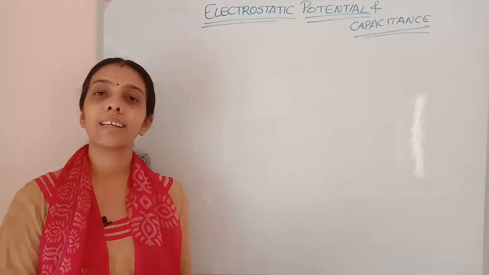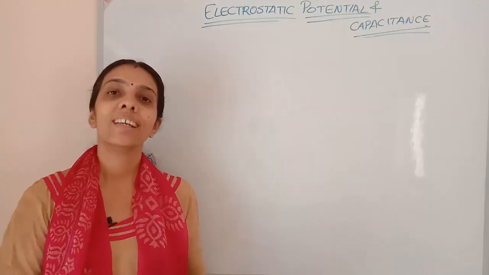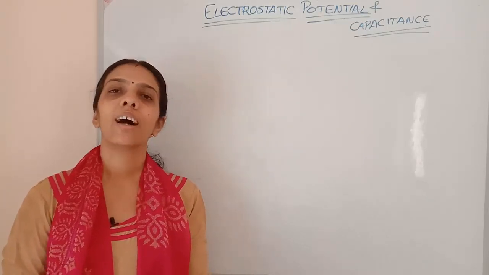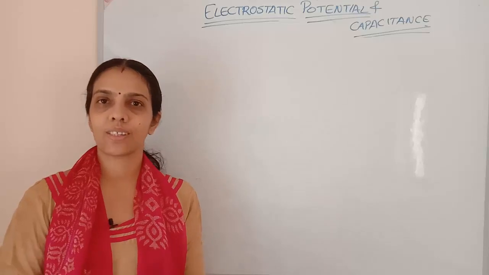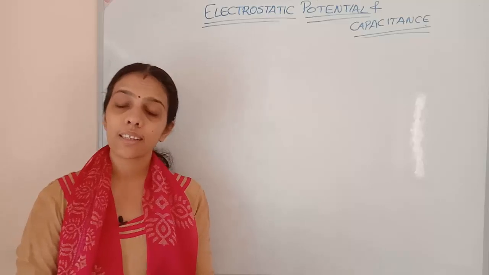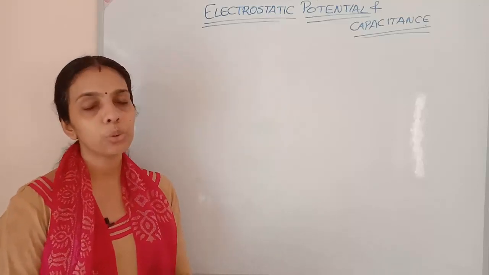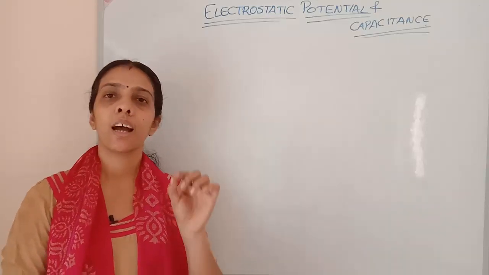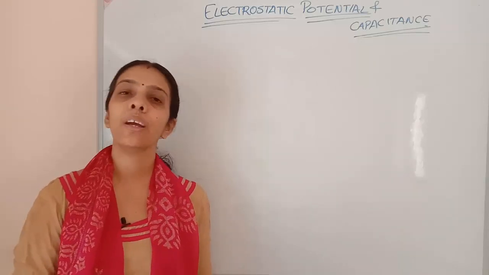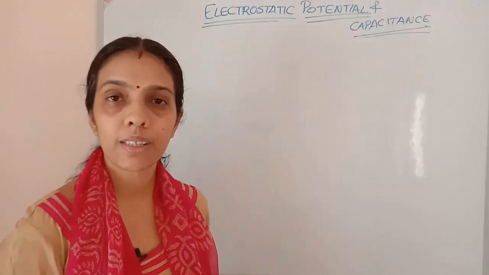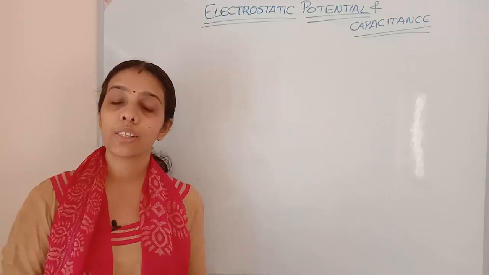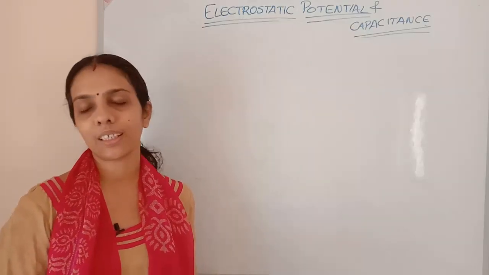If they intersected, there would be two directions at the intersection point, but it is not possible for the electric field to have more than one direction at a point. So equipotential surfaces will never cross each other.